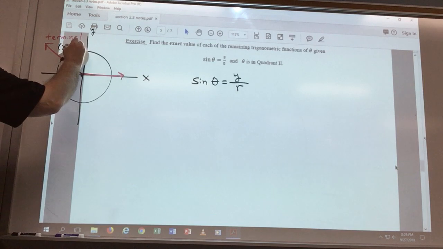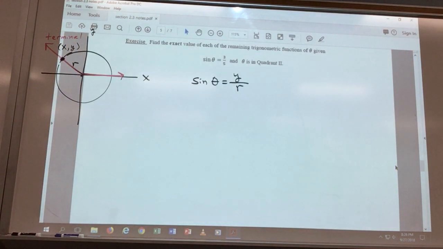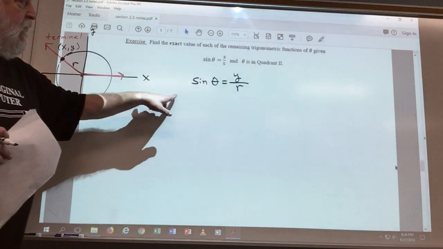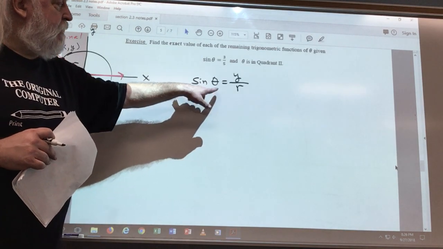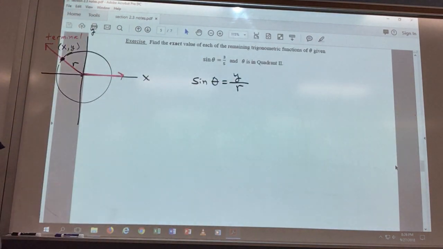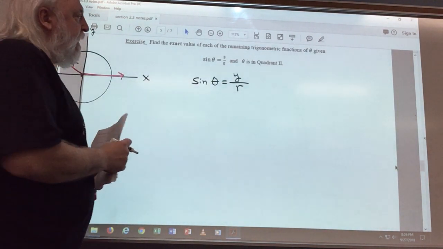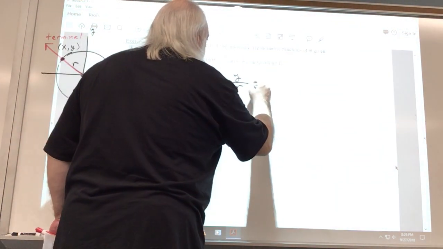X is the first coordinate, y is the second coordinate. Well, we know from the definition at the end of 2.2 that sine theta is not just equal to y, it's equal to y divided by the radius r. Well, in this case, sine theta is equal to 3/5.